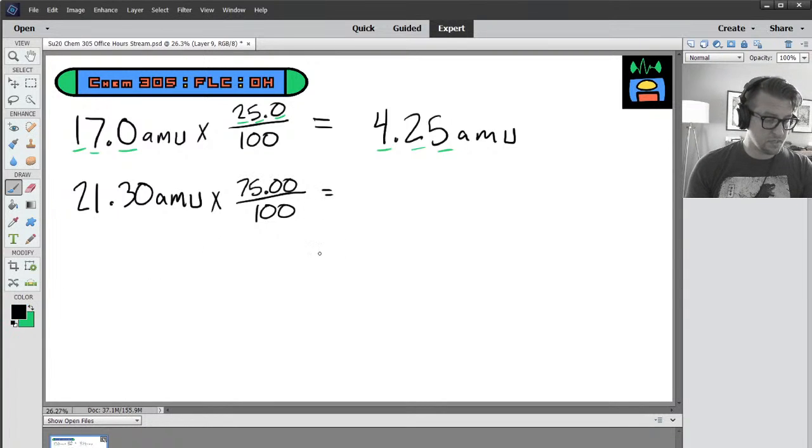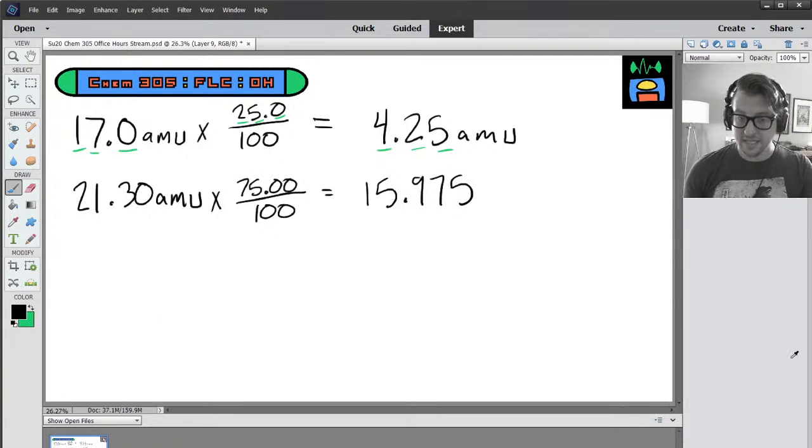Let's do the second multiplication. 21.3 times 75 divided by 100 is 15.975. Again, let's look at our rules for significant digits.